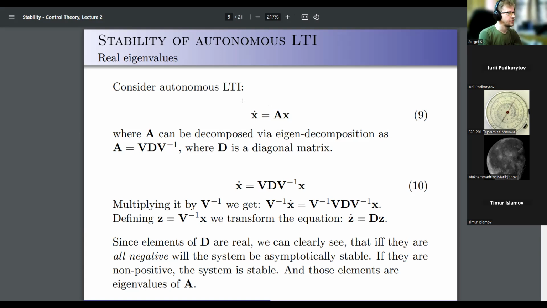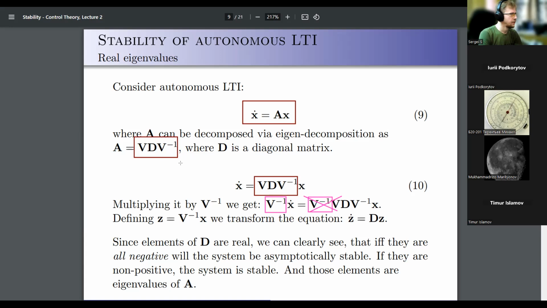We have a system for which we have this very specific decomposition. We rewrite it with this decomposition. Then we do two interesting steps. One, we multiply by V pseudo inverse on both sides, which allowed us to get rid of this V here.